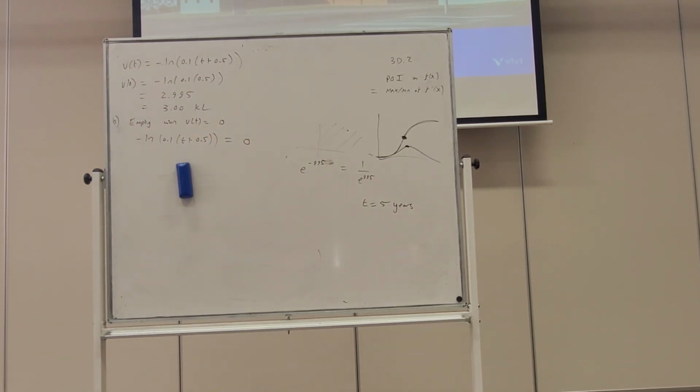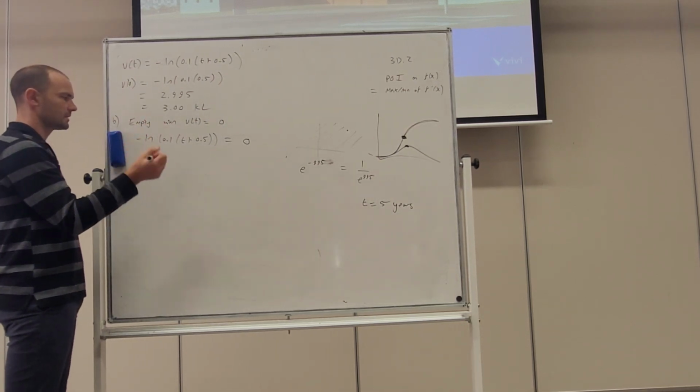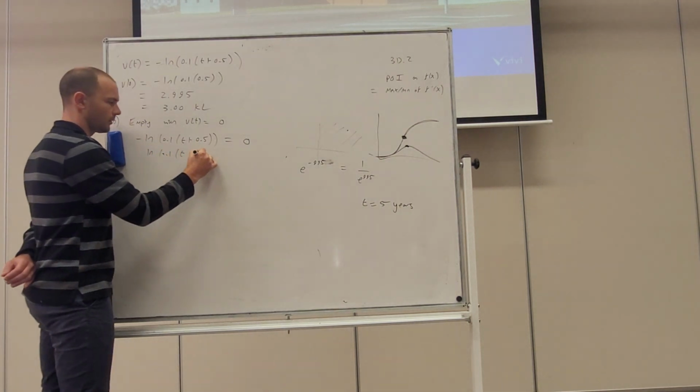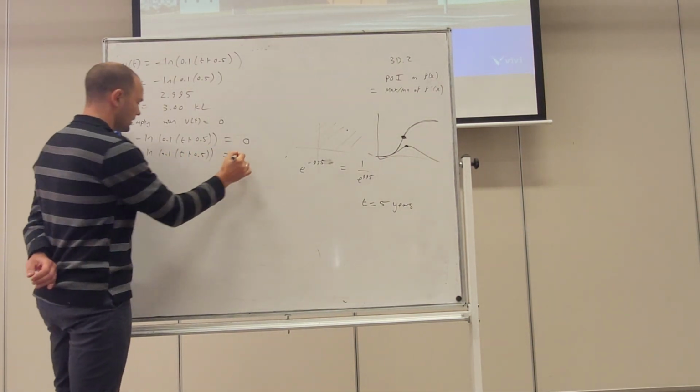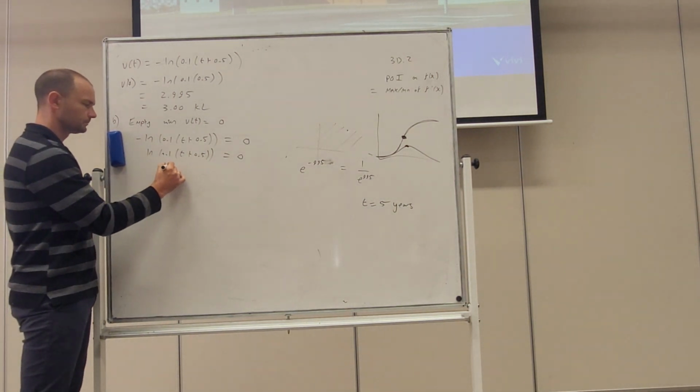Alright, so if we're going to solve this equation, what we'll do is first get rid of the negative. We'll divide both sides by minus 1. Alright, 0.1t plus 0.5. And then we'll raise e to the power of both sides.